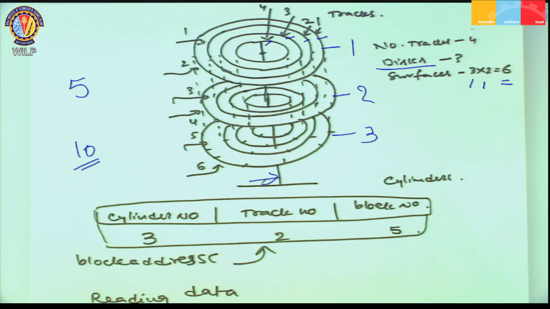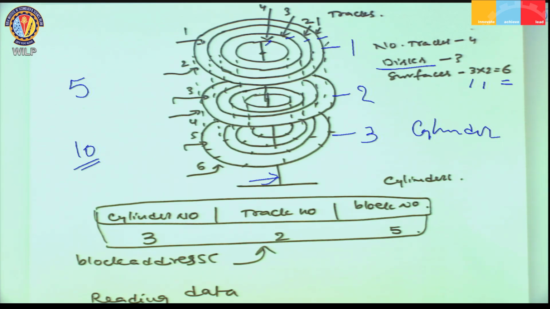Now there is a notion called a cylinder. What is a cylinder? A cylinder is an imaginary cylinder formed by a collection of same numbered tracks on multiple surfaces.